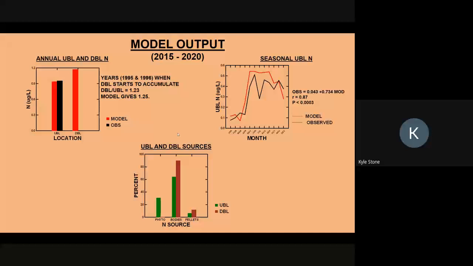Now, for the milligrams of nitrogen per liter in the upper layer, the dark black line here is what is observed by month from sampling in the lake. The red line is what the model produces. It's given the right pattern. It's overestimating how much should be measured in the lake on average.